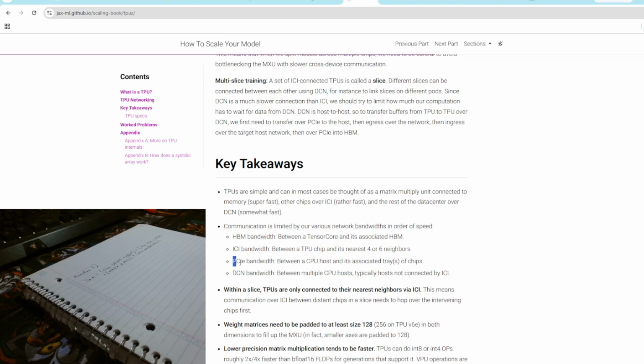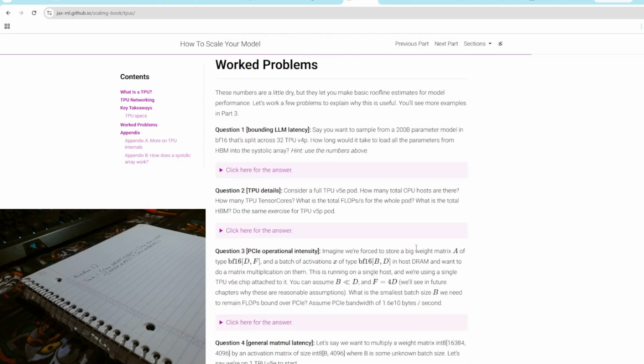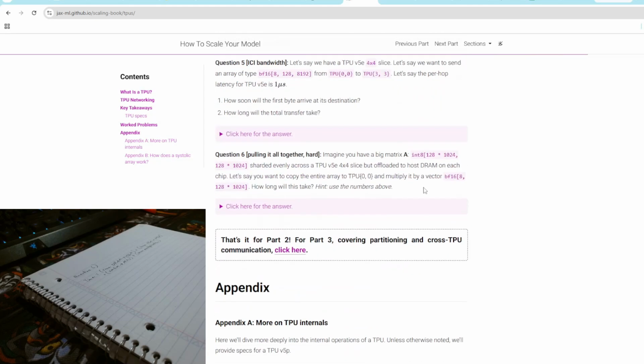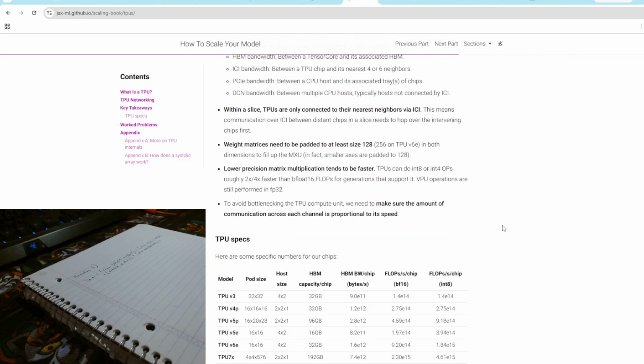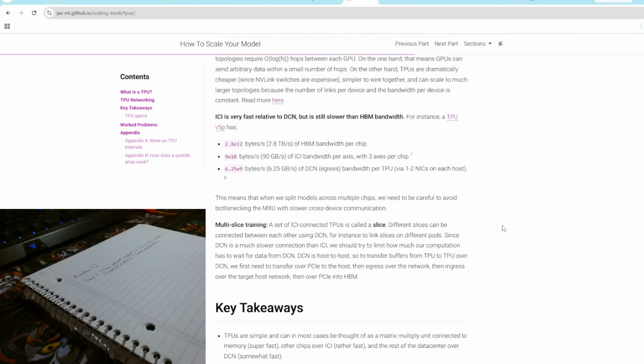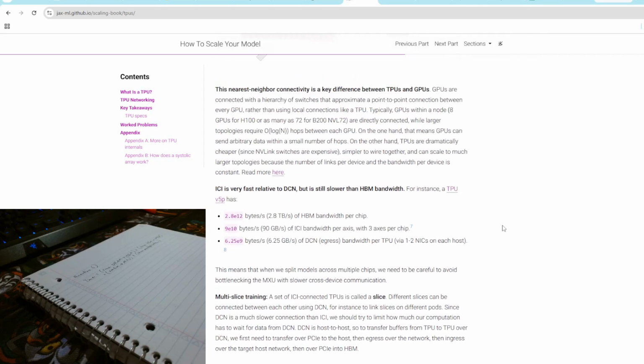No, it should be PCIe. It's between a CPU host and its associated trays of chips. Right. I'm going to assume it's PCIe, but I just don't know where to get that number.